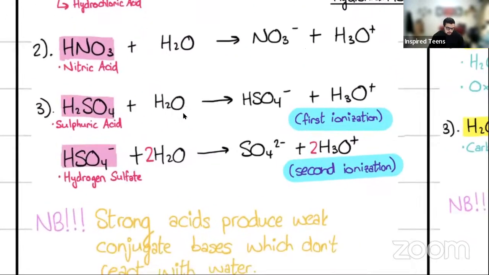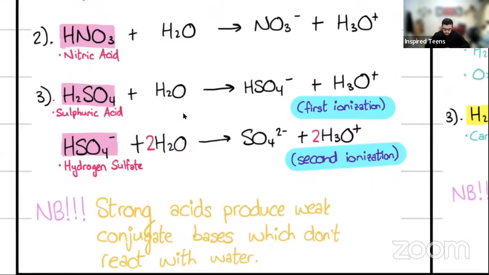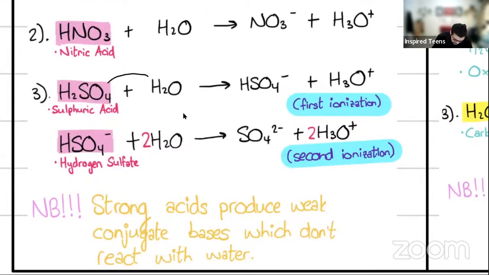So H2SO4 plus H2O. What happens initially is that acid donates a hydrogen to H2O and it loses a single hydrogen. It becomes HSO4 minus, so it still has one H left over.